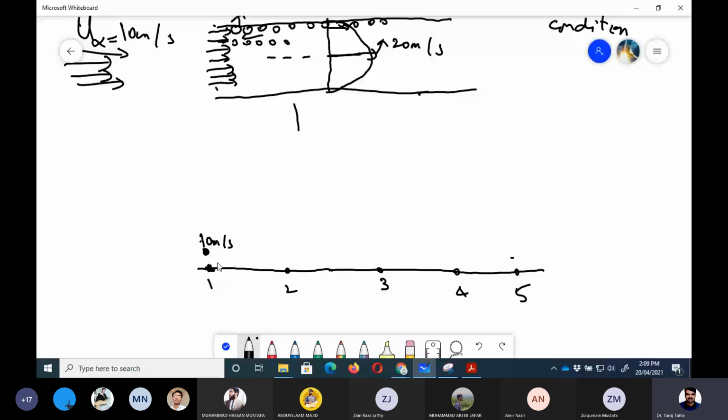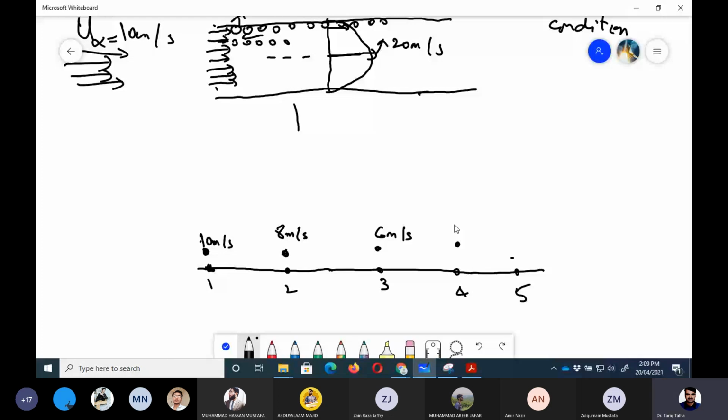So it means that if we measure the velocity of this at point 2, maybe it would be 8 meter per second. At point 3, it would be 6 meter per second. At point 4, it would be 4 meter per second. And then at point 5, it would be 2 meter per second. Right.